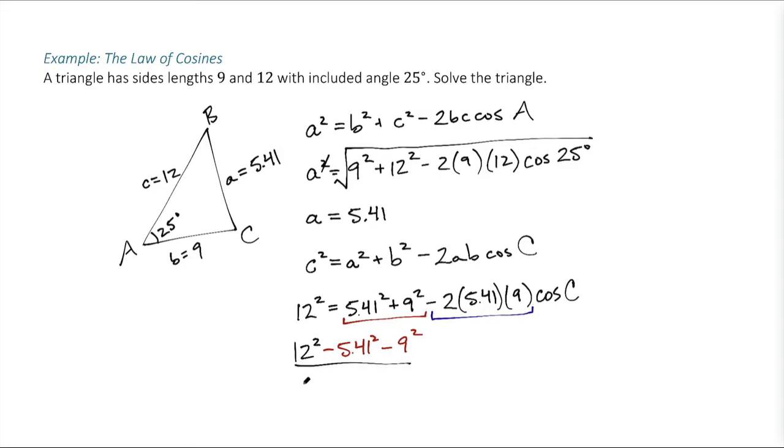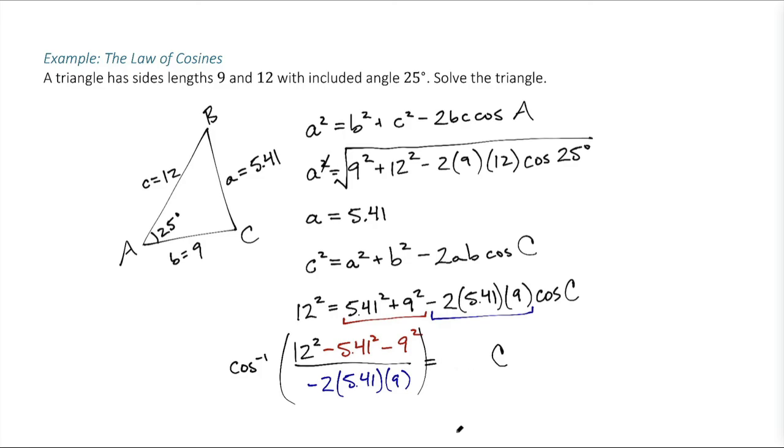So over negative 2 times the 5.41. Oh, sorry, not squared. Times the 9. And that's equal to the cosine of C. So if I want angle C, of course I'm going to do the arc cosine of that. Okay, so that's going to be our angle C now.